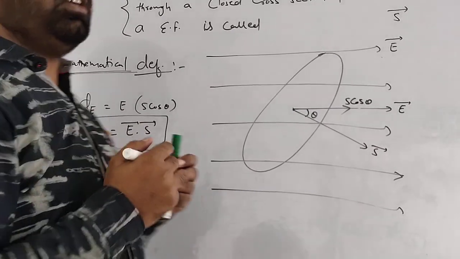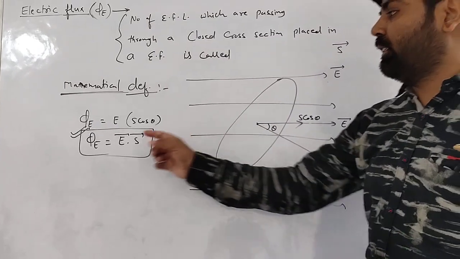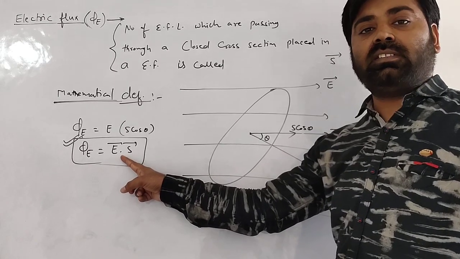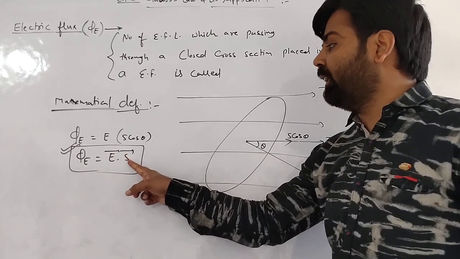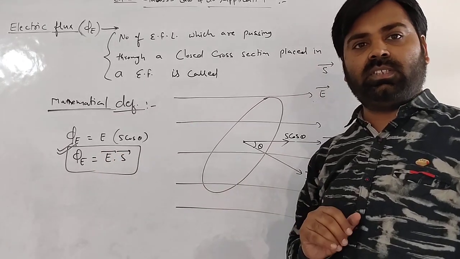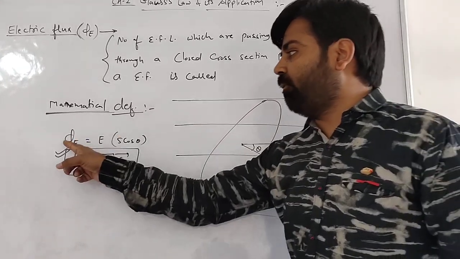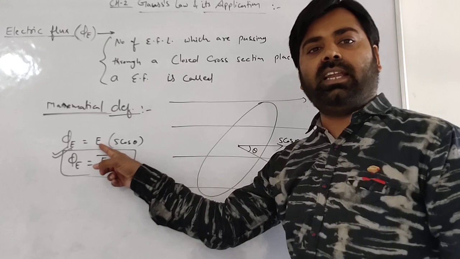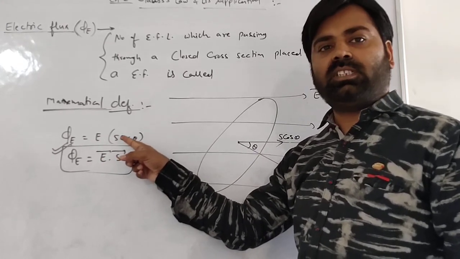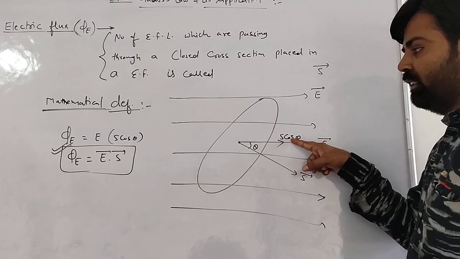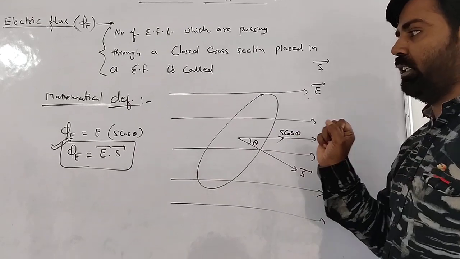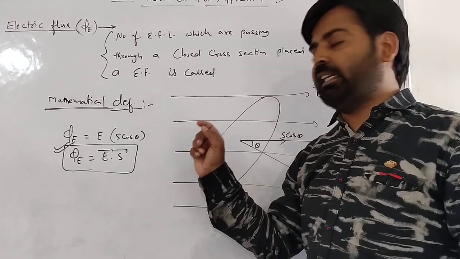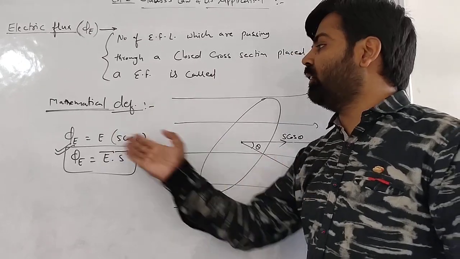The electric flux is the dot product of electric field vector and area vector, or the product of the magnitude of electric field and the component of area vector in the direction of electric field, which is S cos theta.